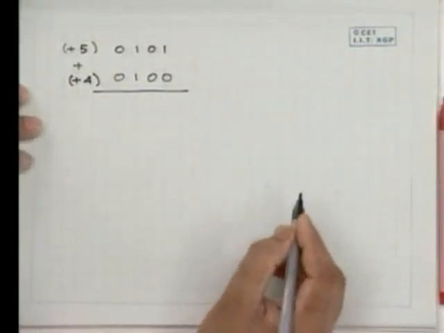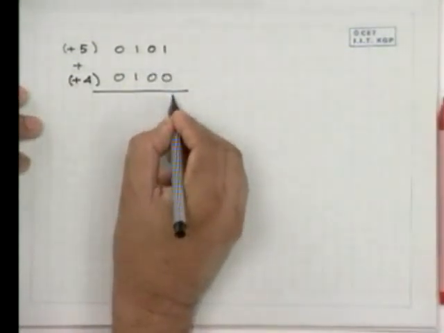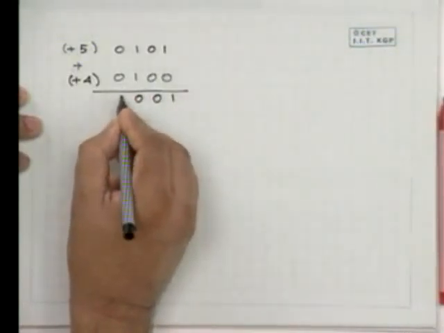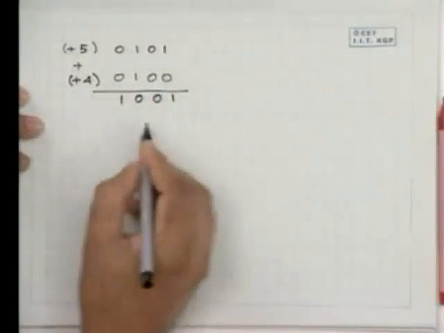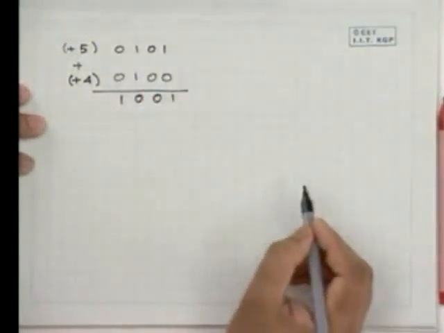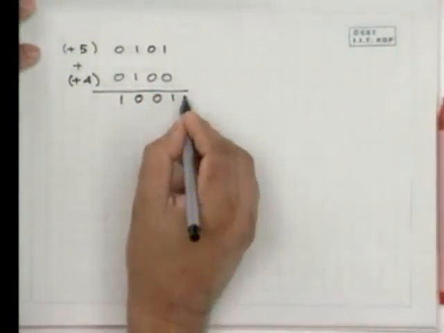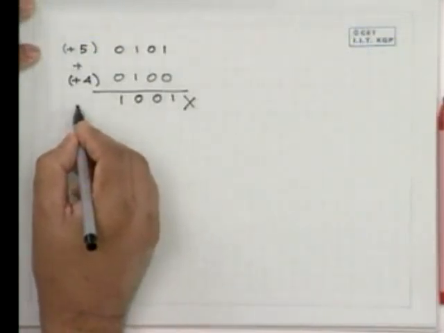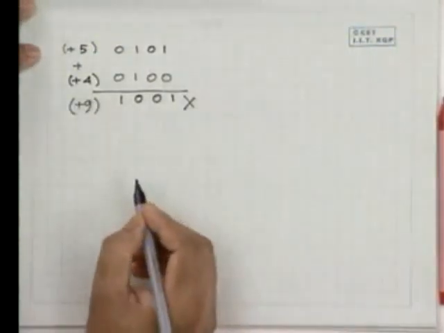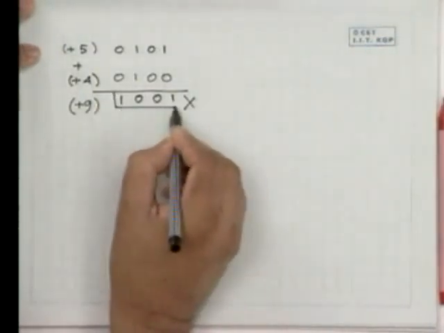You can see immediately that if we add, we get 0 here, 0 here, 1 here. Now, if we are thinking in terms of 4-bit numbers and 2's complement, this is a wrong result, because the correct result, plus 9, cannot be contained in this 4 bits.